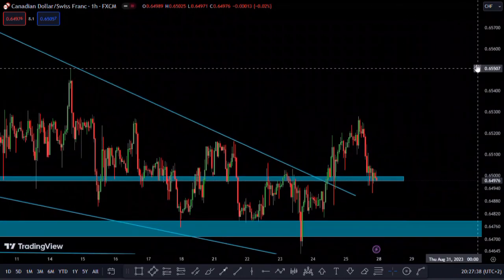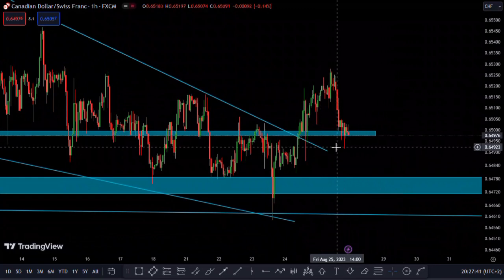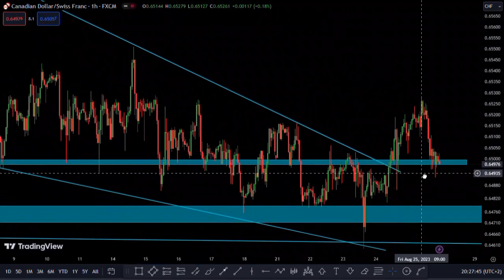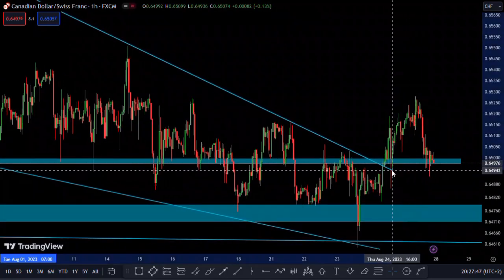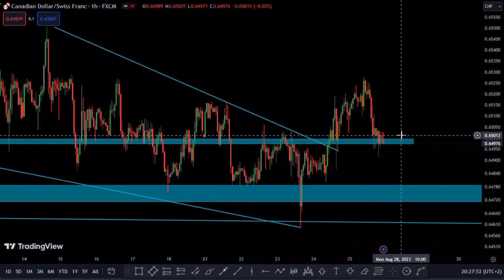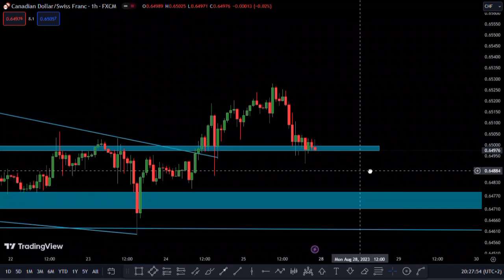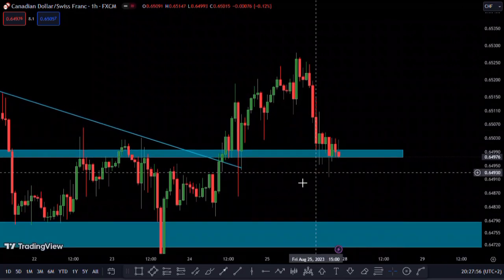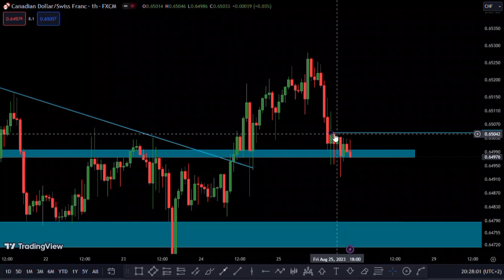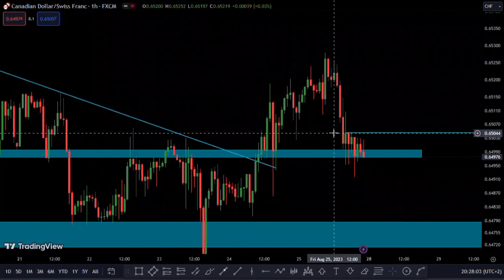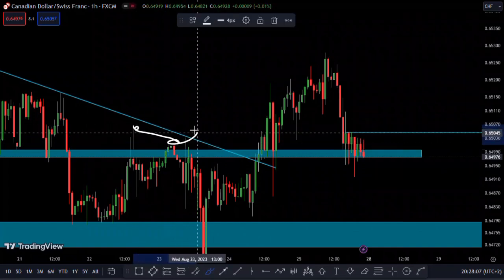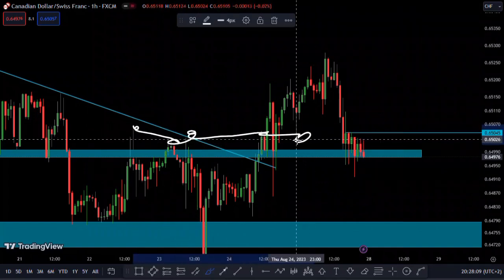Since we are in a consolidation, the market moves however it wants. The market goes up and down, up and down. So currently, for us to enter buys safely, I would mark this area because of these highs and lows.